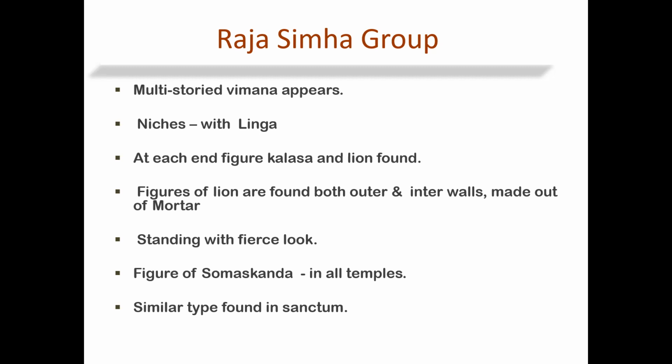Figures of lions are found both on the outer and inner walls of the temple. They are standing on their hind legs with a fierce look. They were made out of mortar. The figure of Somaskanda is found in almost all the temples.